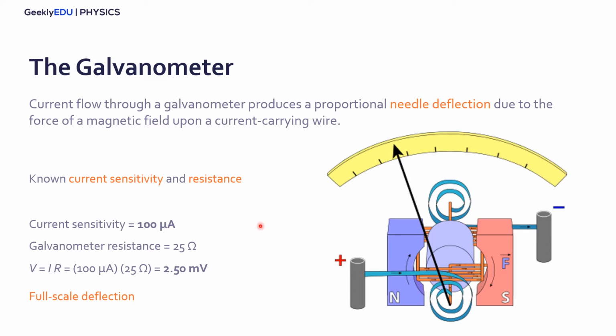Half of this, like 50 microamperes or 1.25 millivolts, and the needle is right in the middle of the scale, okay? This way, we can measure the current or the voltage in a circuit. And that's exactly what's behind a multimeter nowadays.